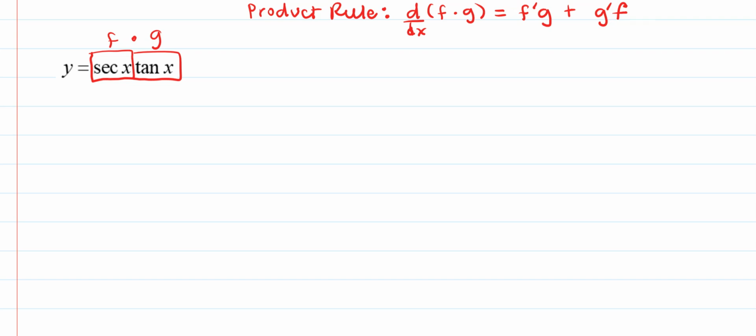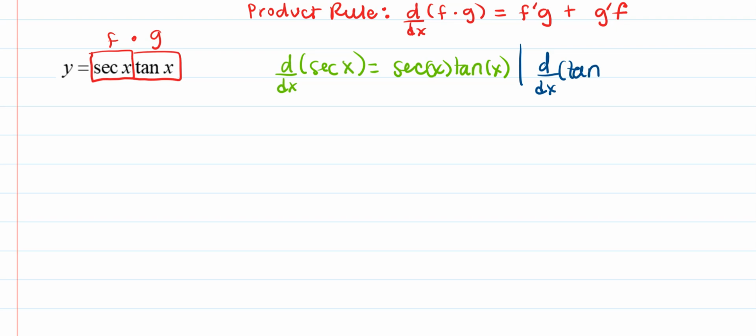Another thing that we need to know is what the derivative is of secant and then what the derivative is of tangent. So the derivative of secant x is secant x tangent x, and the derivative of tangent of x is secant square of x.